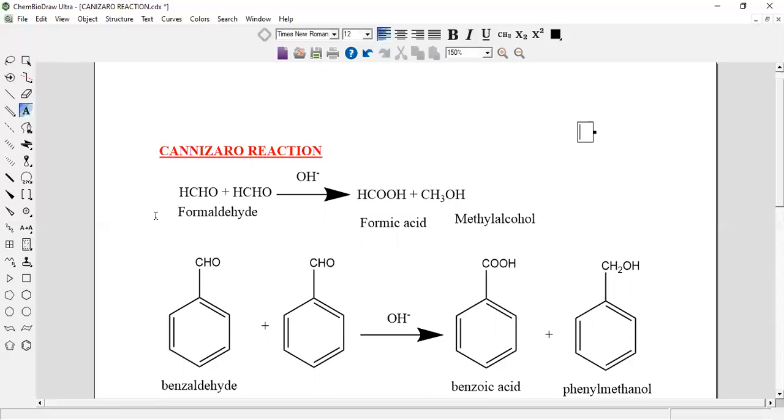Write down this equation, all of you. HCHO, HCHO. This is nothing but two molecules of formaldehyde in the presence of OH minus giving formic acid as well as methyl alcohol.